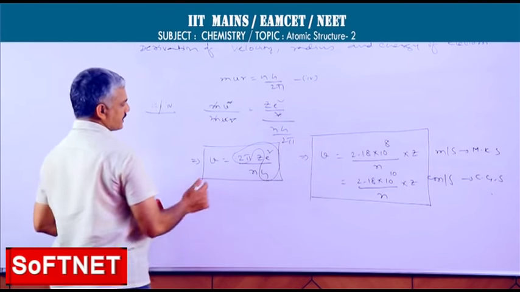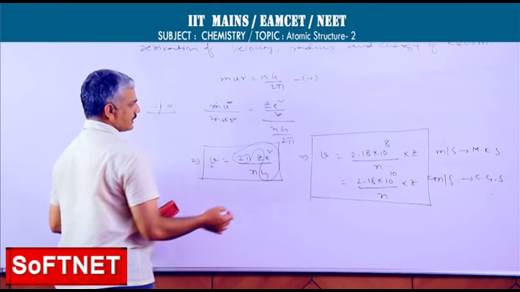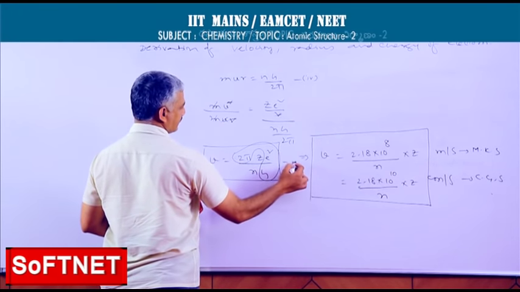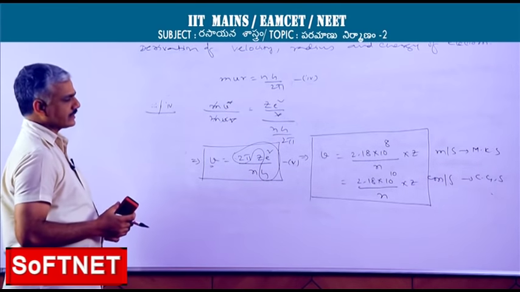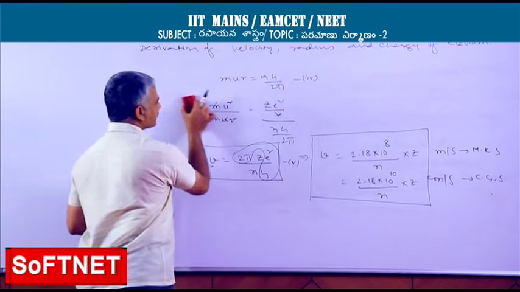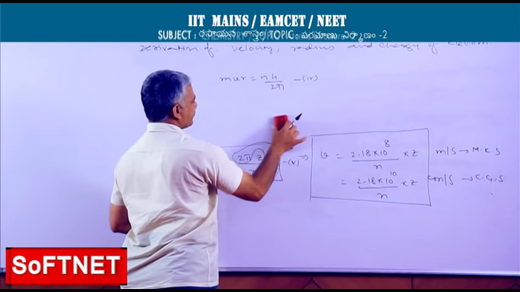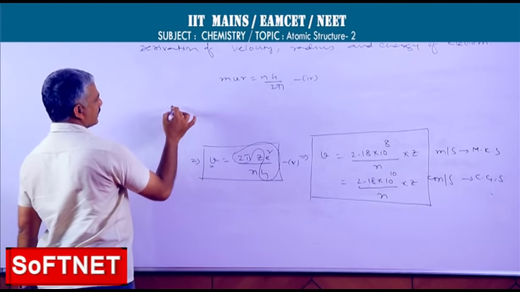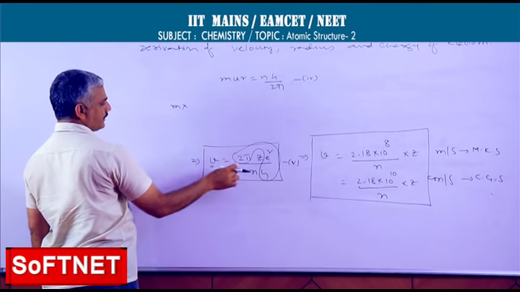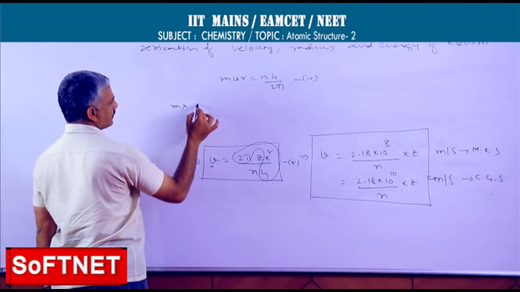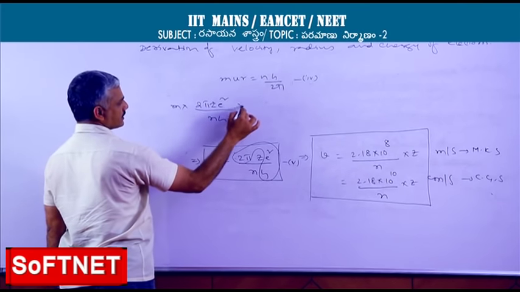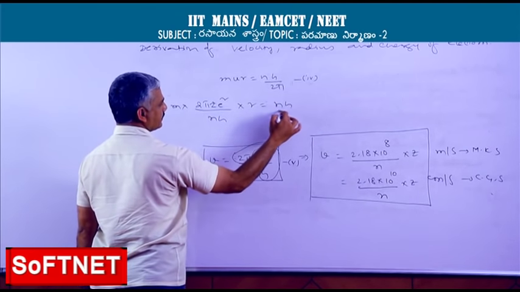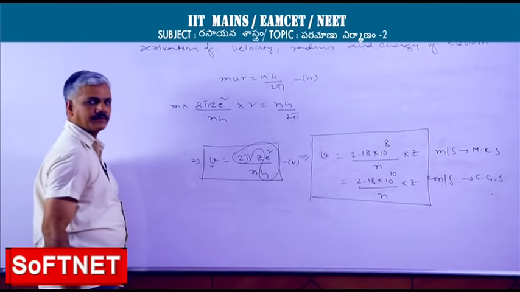Now, substituting the velocity expression, say equation number 5, in the fourth equation, what we get? M into, in place of V, now you can write 2 pi z e square by nh, into r is equal to nh by 2 pi.